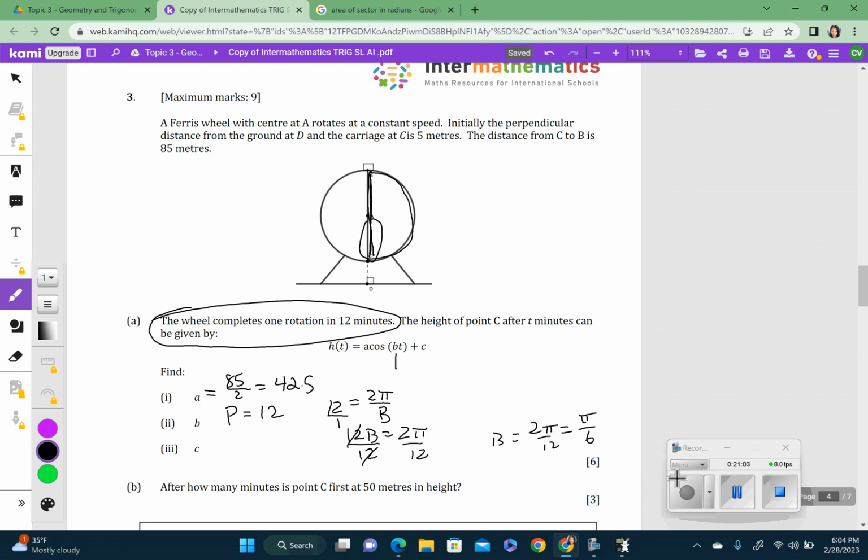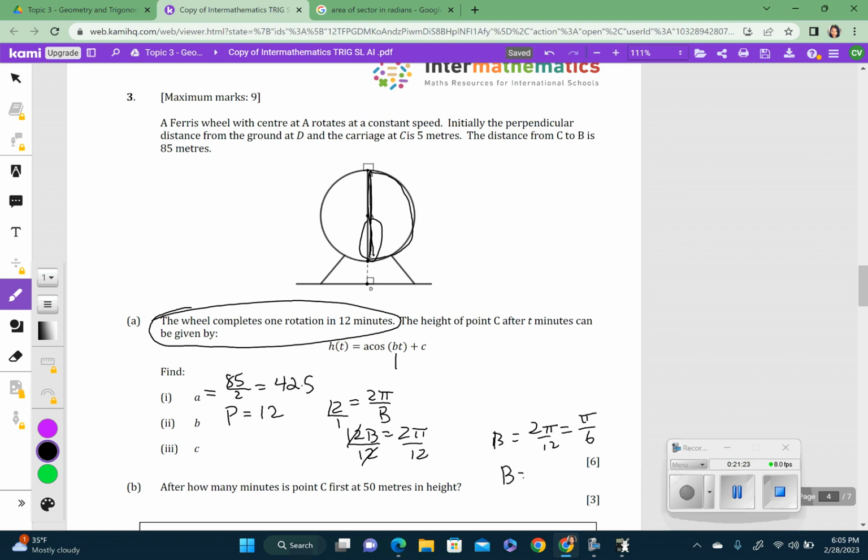All right. If I wanted to convert this into degrees, because this is probably going to be easier in degrees, instead of 2 pi, I would put 360.